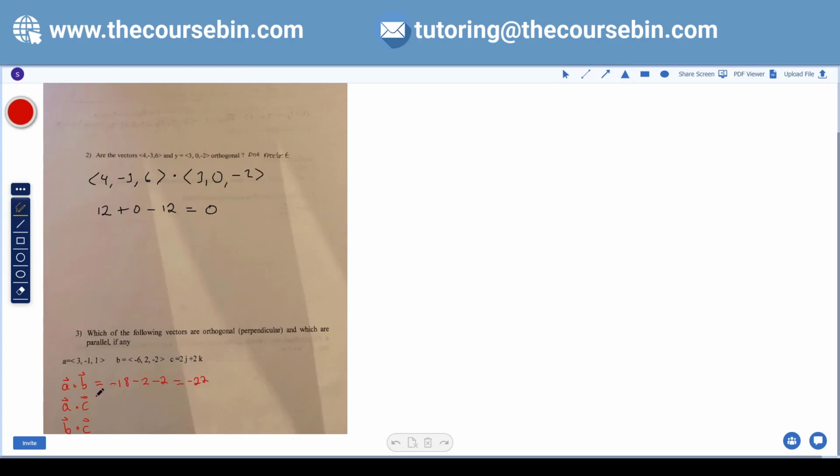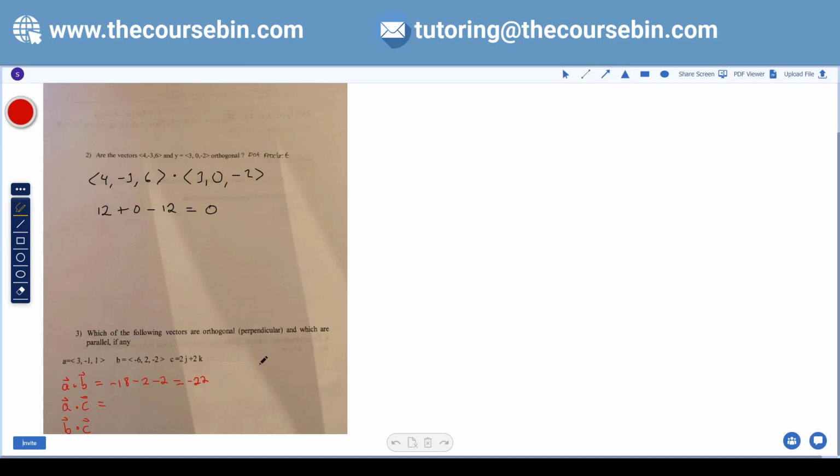Okay, for AC, that gives us 6. Well, no, not 6, because C has a 0 I component. I thought you're supposed to do like B minus A. No, A dot B. Dot products.